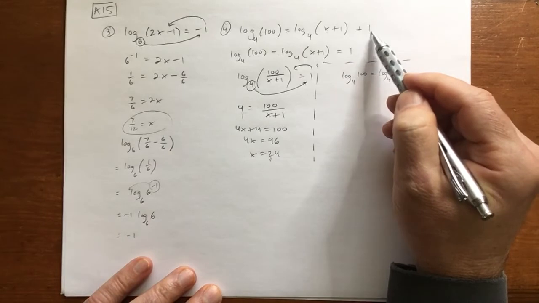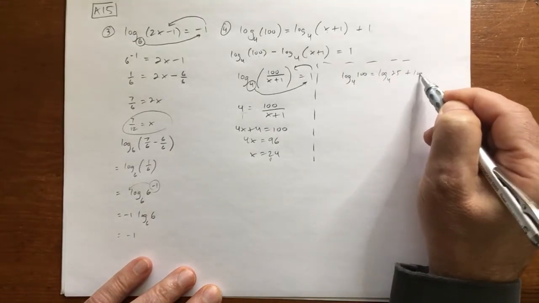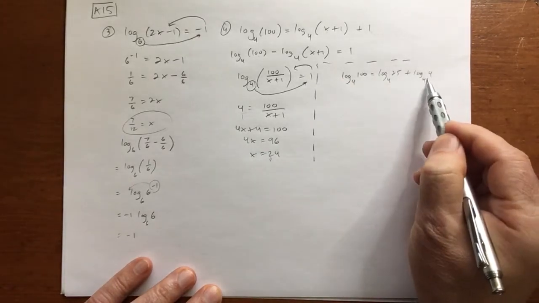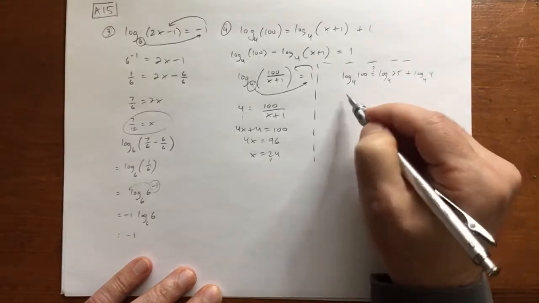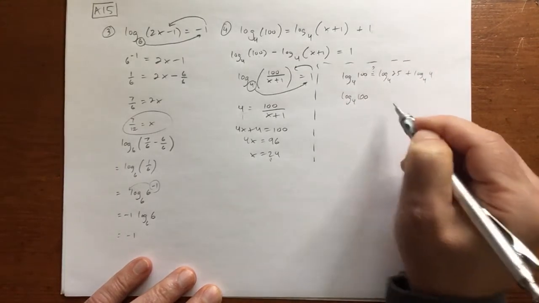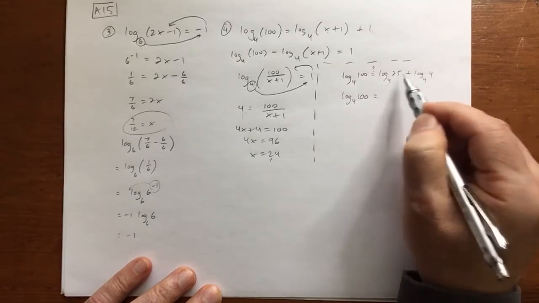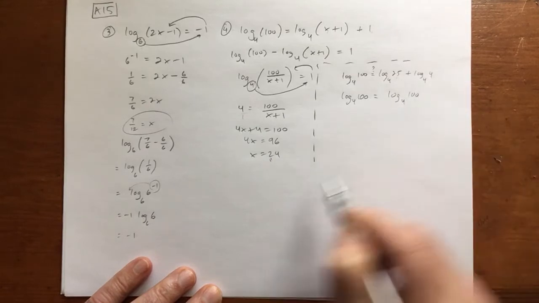And I want to write this one as a log base 4. Isn't that log base 4 of 4? And then I can write this side as a single, and I should put a question mark above the equal sign. Okay, and I can write this as a single log. They're added, so I multiply them, and 25 times 4 is 100. And so it did check out.